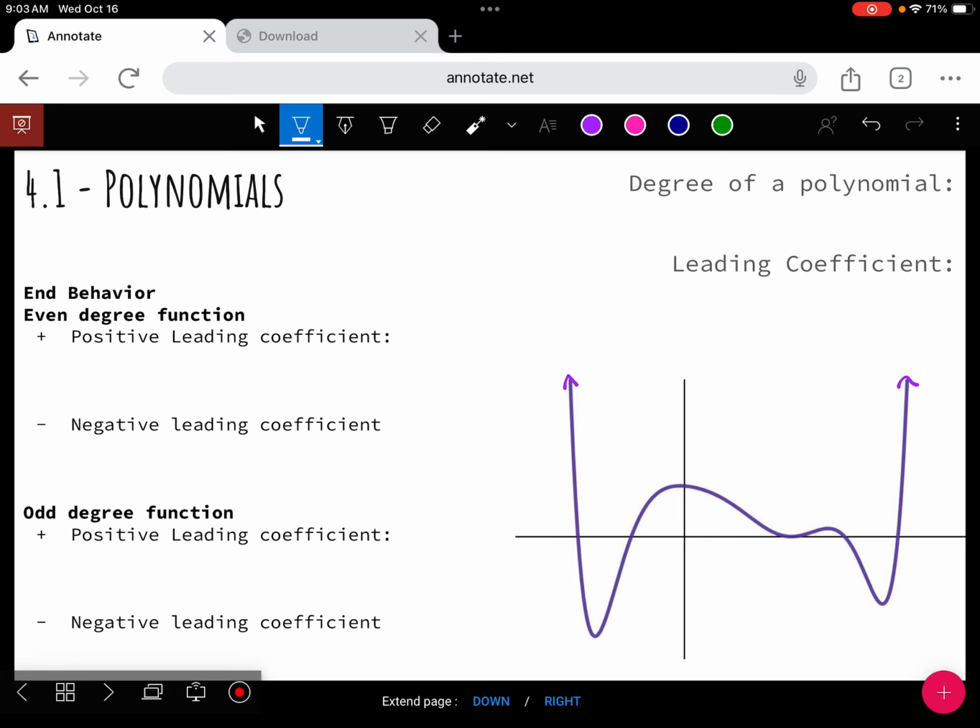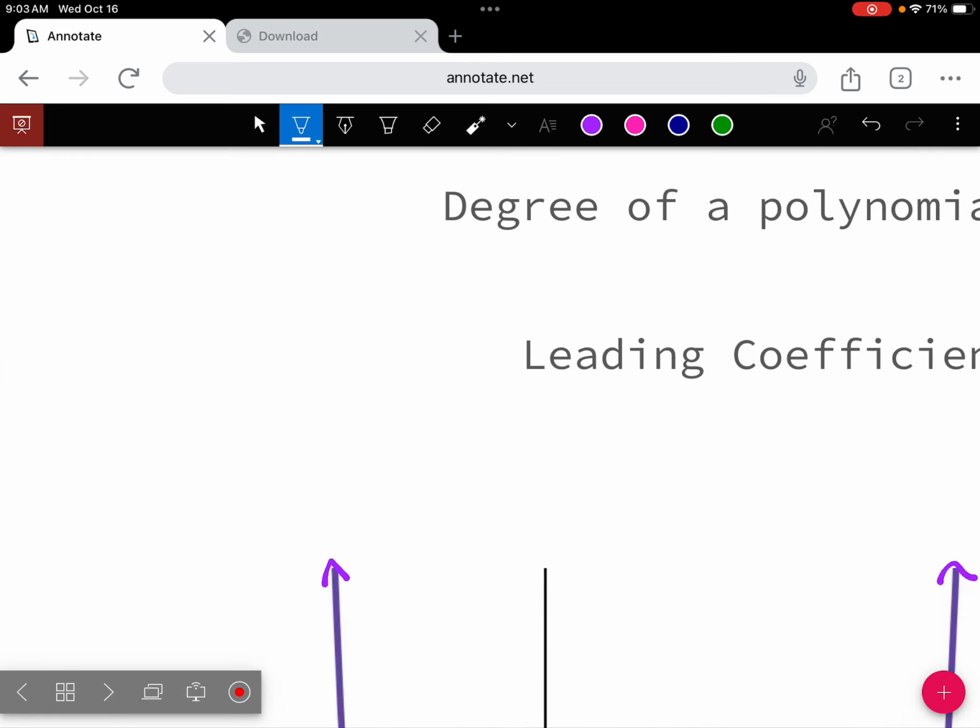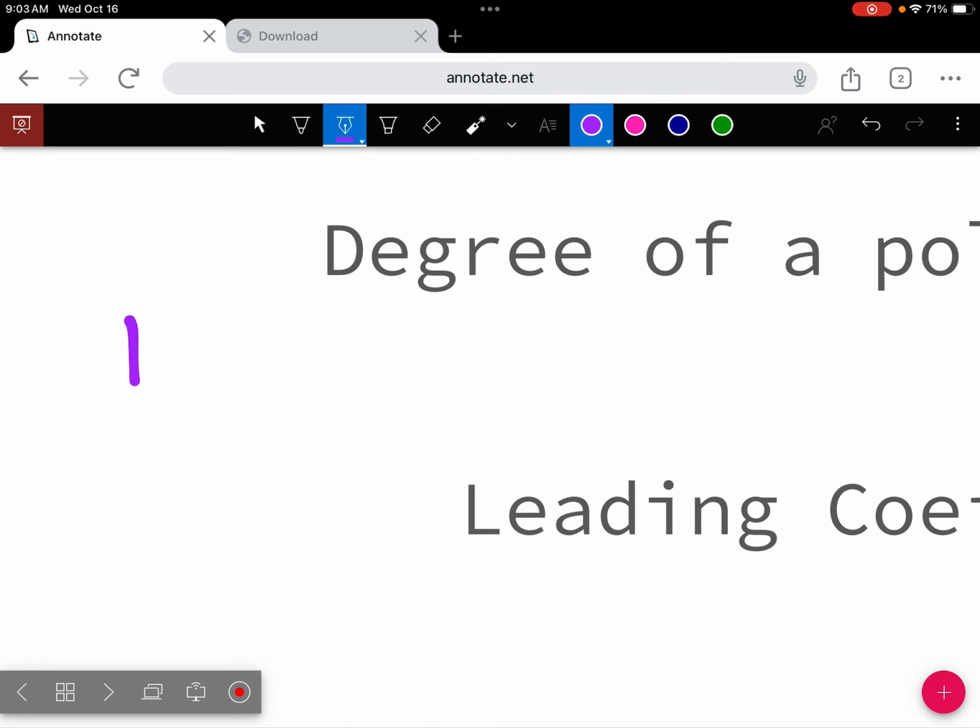So does anyone remember what the degree of a polynomial is? I have it up here. The highest exponent. So our degree is our highest exponent.